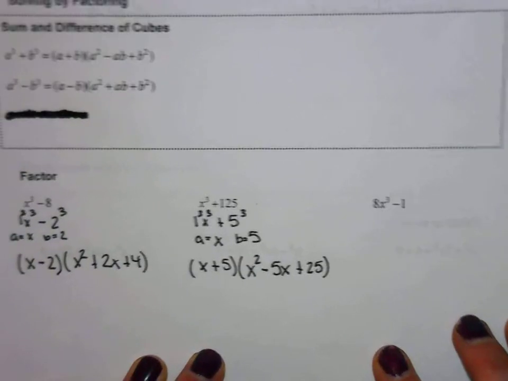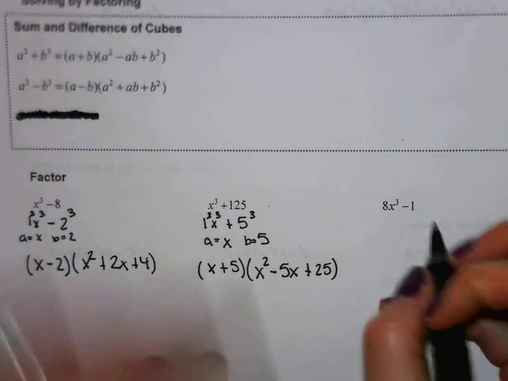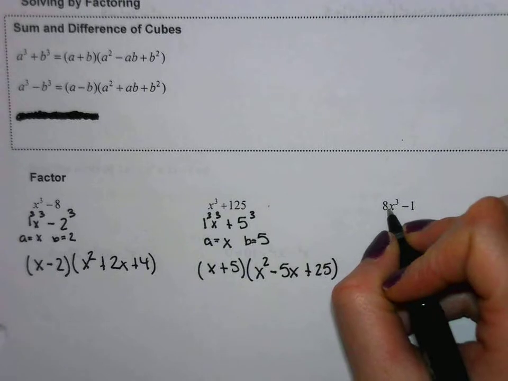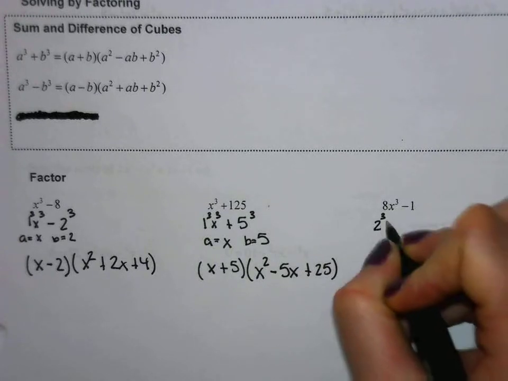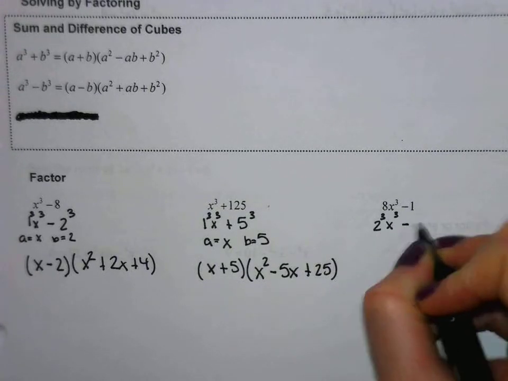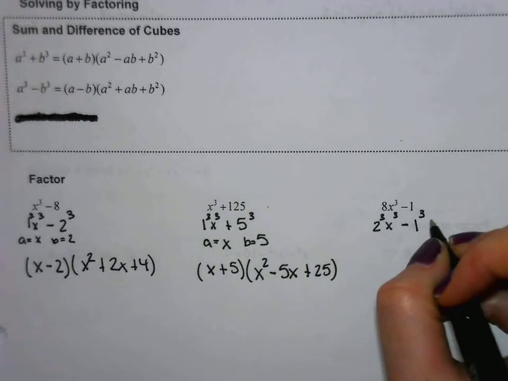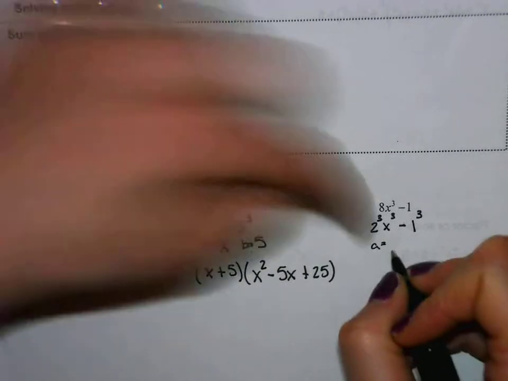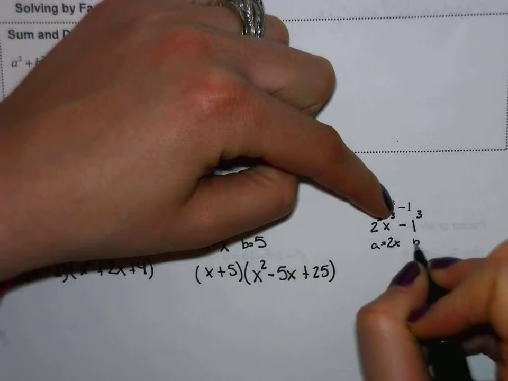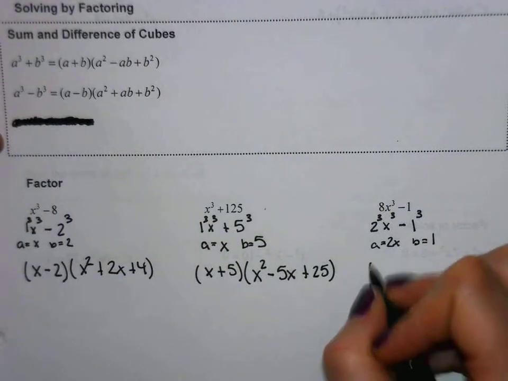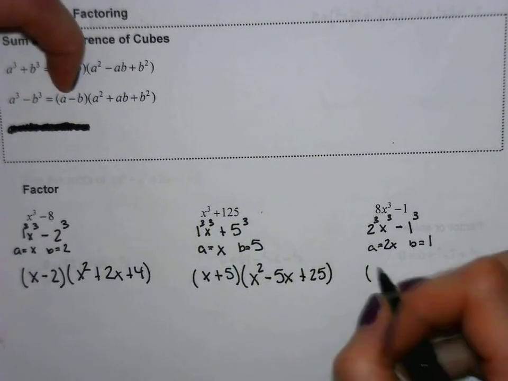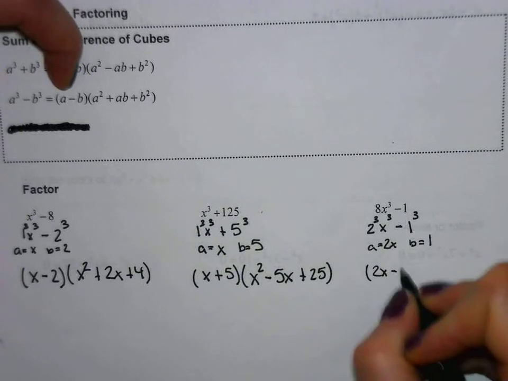Take a look at this third example. So we already determined that the cube root of 8 was 2, so we have 2 cubed times x cubed, minus the cube root of 1 is just 1. So a equals 2x, and b equals 1. So we're using our difference. So a is 2x, b is 1.